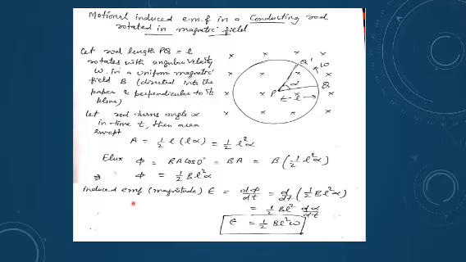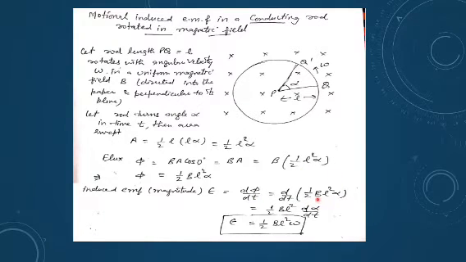And if you want to write the induced EMF, then you can write the magnitude simply by writing d phi by dt. If direction is required, then of course you have to use Lenz's law as always, so as to oppose the increase in the magnetic flux. So that is d by dt of half B L square alpha.